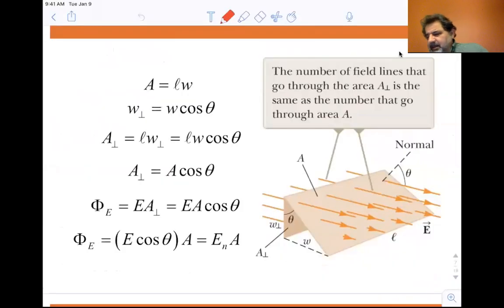I struggled with this myself when I first looked at it, because this W here looks like it's applying to this piece here.